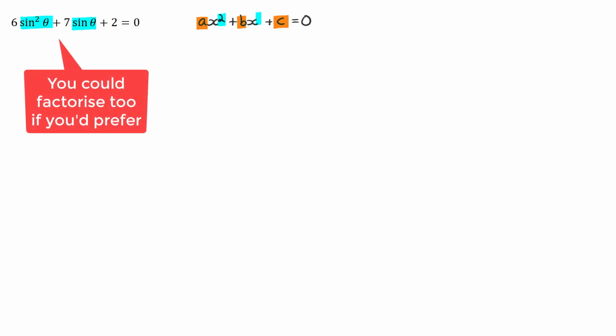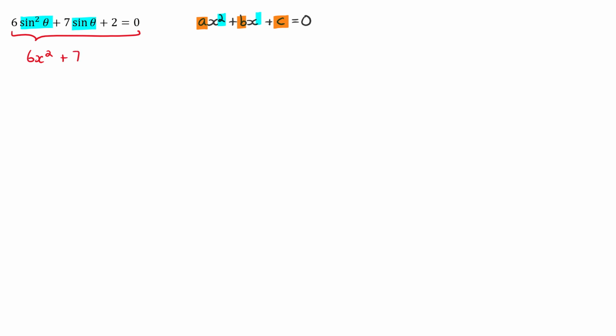So you can almost pretend that this equation here is actually 6x squared plus 7x plus 2 equals 0. But obviously instead of x, we've got sine.